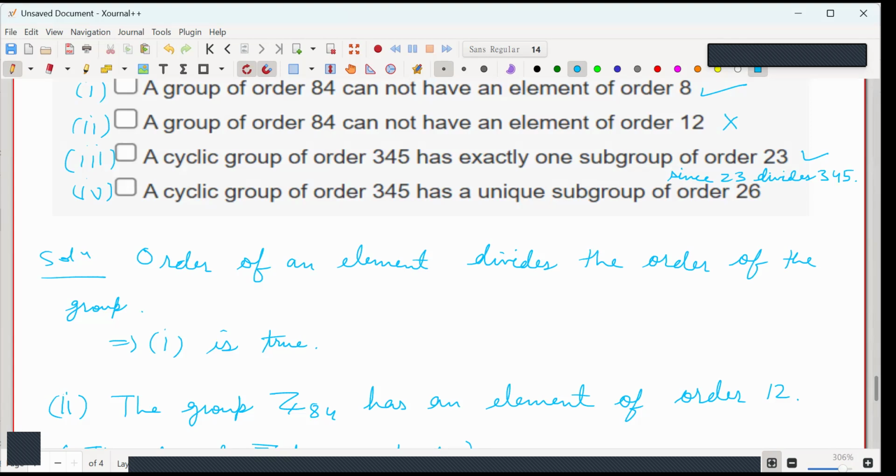And what about the last one? No. It does not have a subgroup of order 26 because 26 does not divide 345.